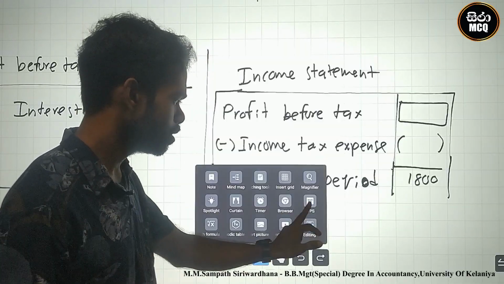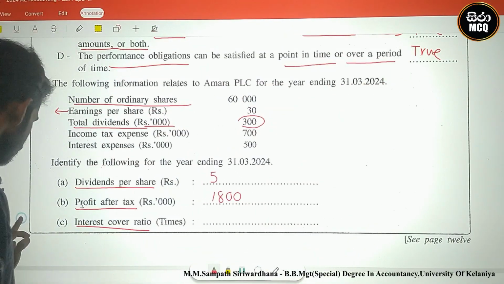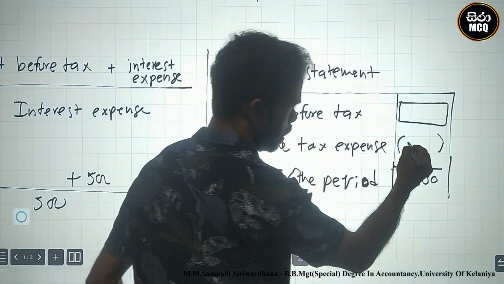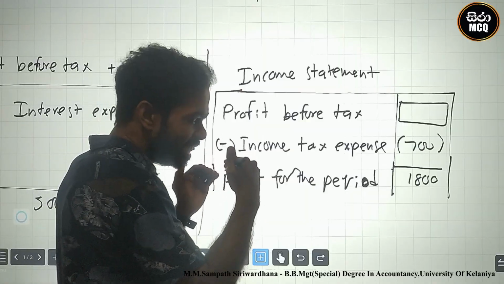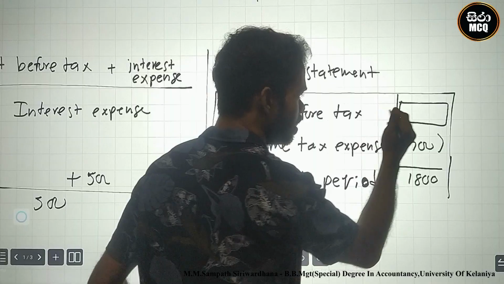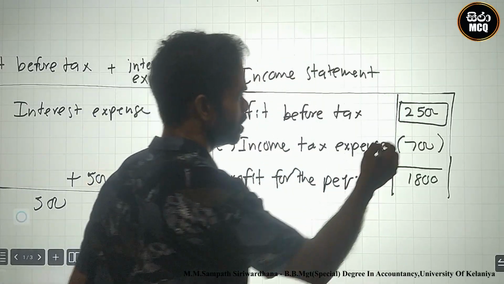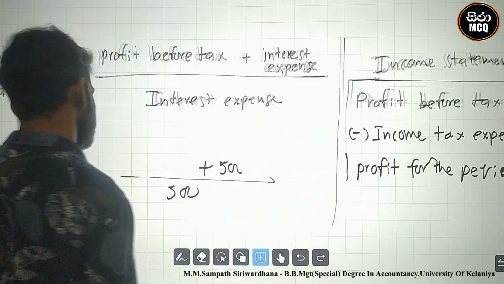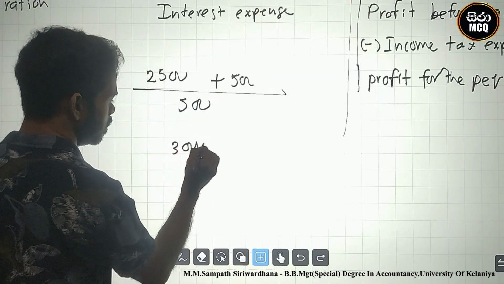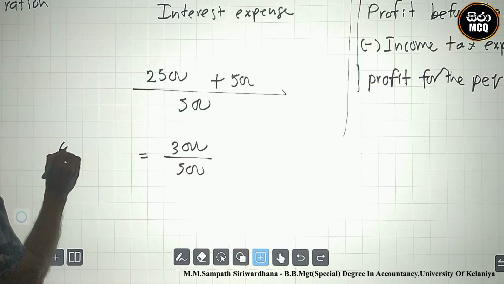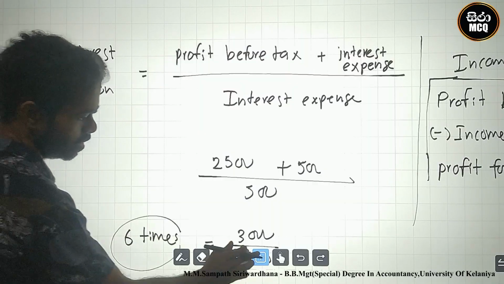We can find the income tax from the question: income tax expense is 700. Before deducting income tax, what is the answer? 1,800 plus 700, the reverse, gives profit before tax of 2,500. Then 2,500 plus 500 is 3,000, divided by 500. The answer is 6 times. The interest cover ratio is 6 times.